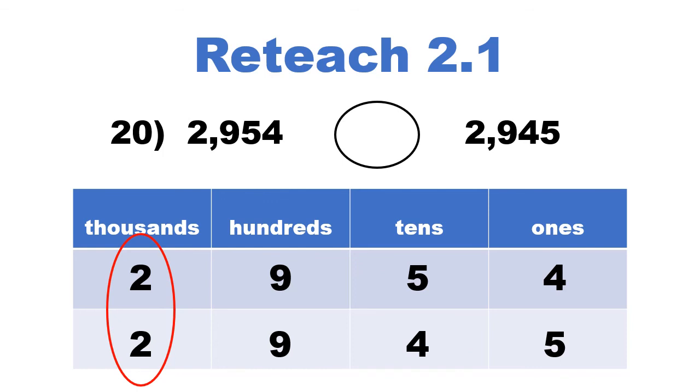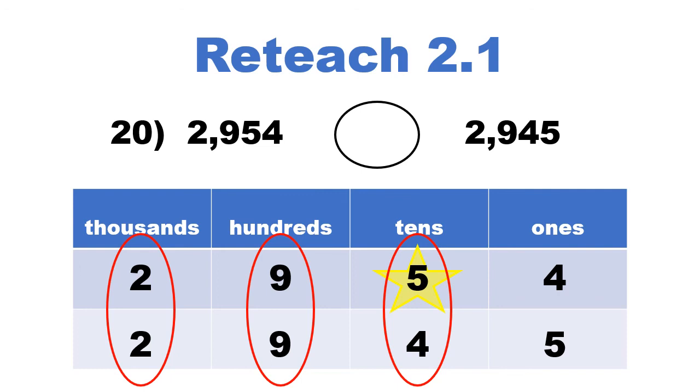But we see that 2 is equal to 2. So that means we have to move to the next place, the hundreds. And we find out again that 9 is equal to 9. So we have to move to the next place, the tens place. Which of those numbers is the greater of the two? That's right, it's the 5. So using this knowledge, put in a symbol for number 20 to help you compare those two numbers, and we'll check it in a bit.